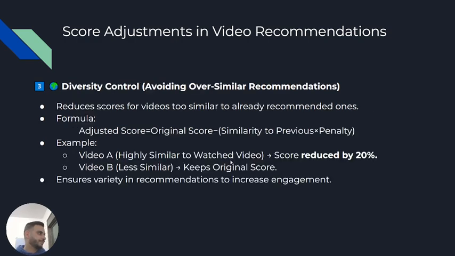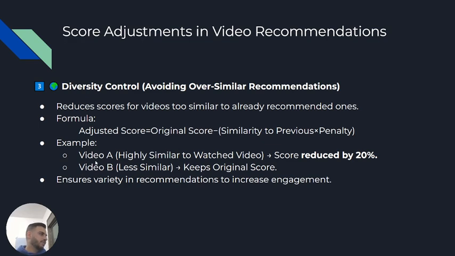the scores. The third adjustment is diversity control, avoiding over similar recommendations, reduce scores for videos too similar to already recommended ones. Here's the formula: adjusted scores equal original scores minus similarity to the previous multiplied by penalty.